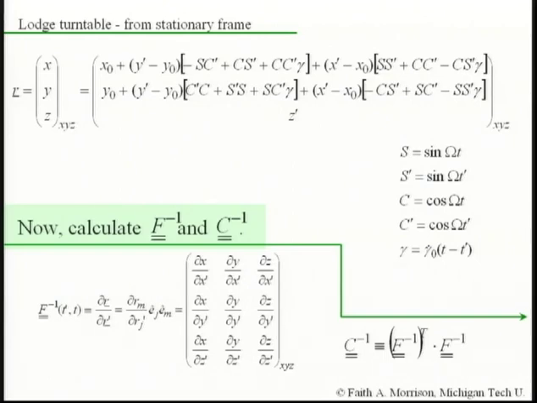All right, once you do that, you can calculate these tensors, F inverse and F inverse transpose, by taking these derivatives. So for instance, this term is x equals this mess. And so when I take a derivative of x with respect to x prime, you see there's no x primes, no x. Here's the x prime, so I end up with a bunch of this stuff. And you just have to do all of those derivatives.